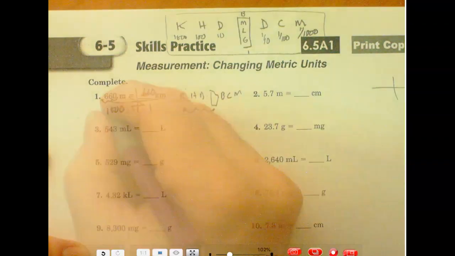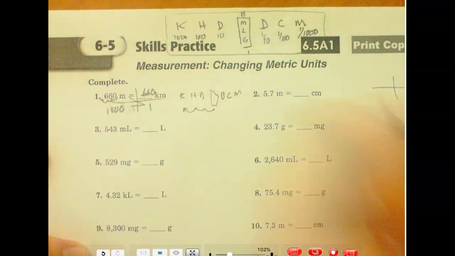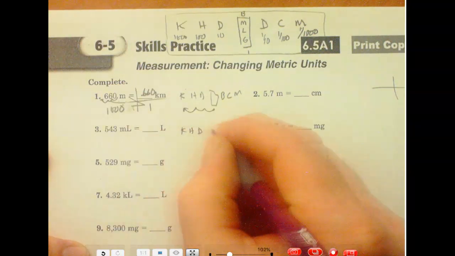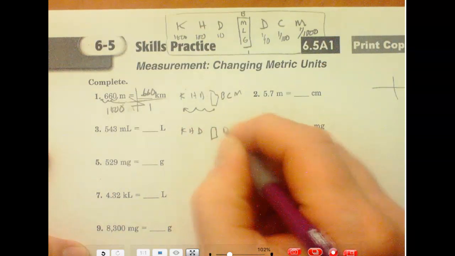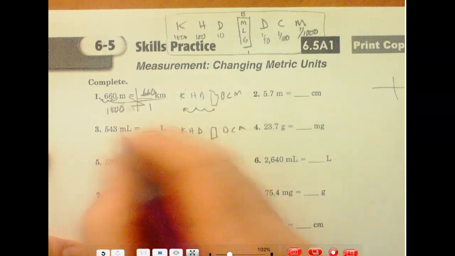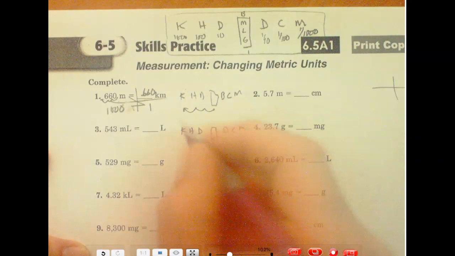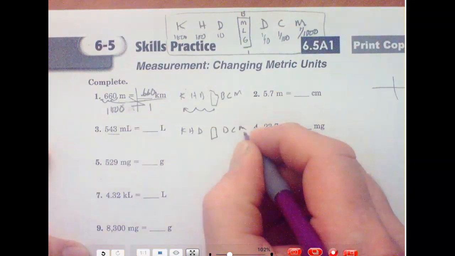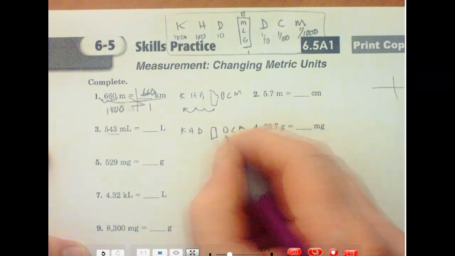The same thing. Let's do some more of the science method way. So we've got King Henry died, base, drinking chocolate milk. Let's see. So we're going to go from milliliters to liters. So we're going to go from here to here. So 1, 2, 3.